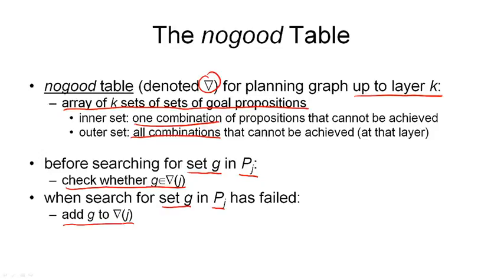So the mutex relation for each proposition layer gives us pairs of propositions that cannot be achieved together. The no-good table goes further, as it gives us sets of propositions that cannot be achieved together in this proposition layer.